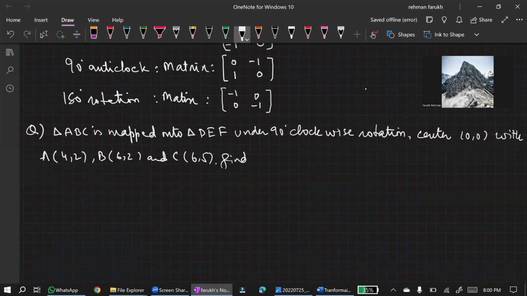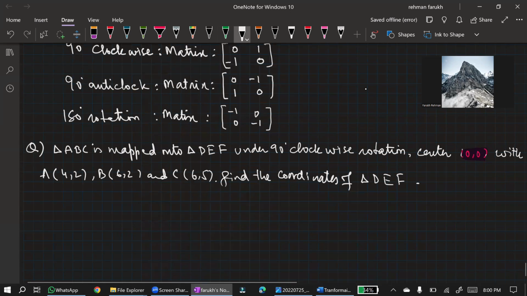Find the coordinates of triangle DEF. As we can see, the center is 0, 0, so we can use the matrix to find the coordinates of DEF. There is no need to draw.